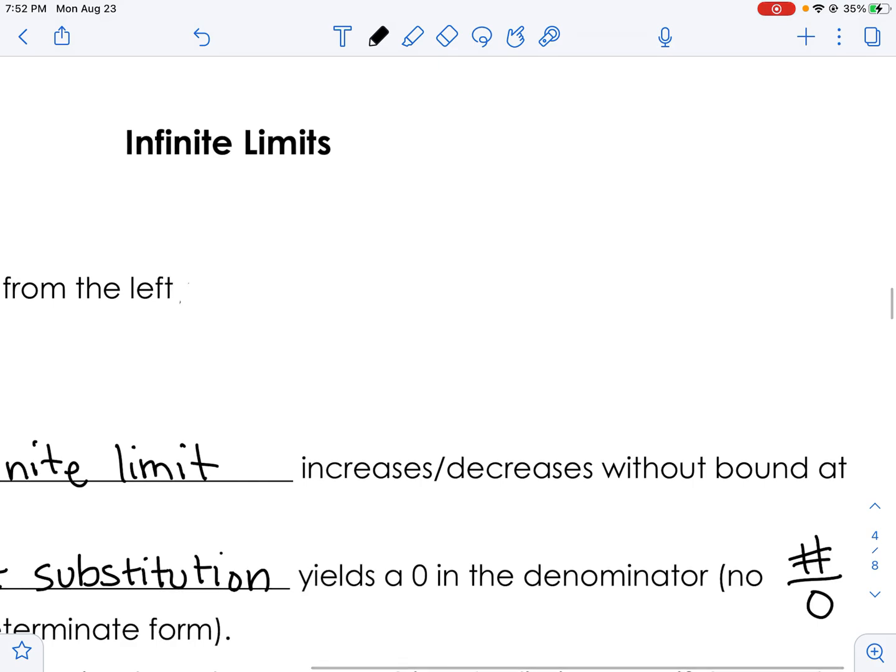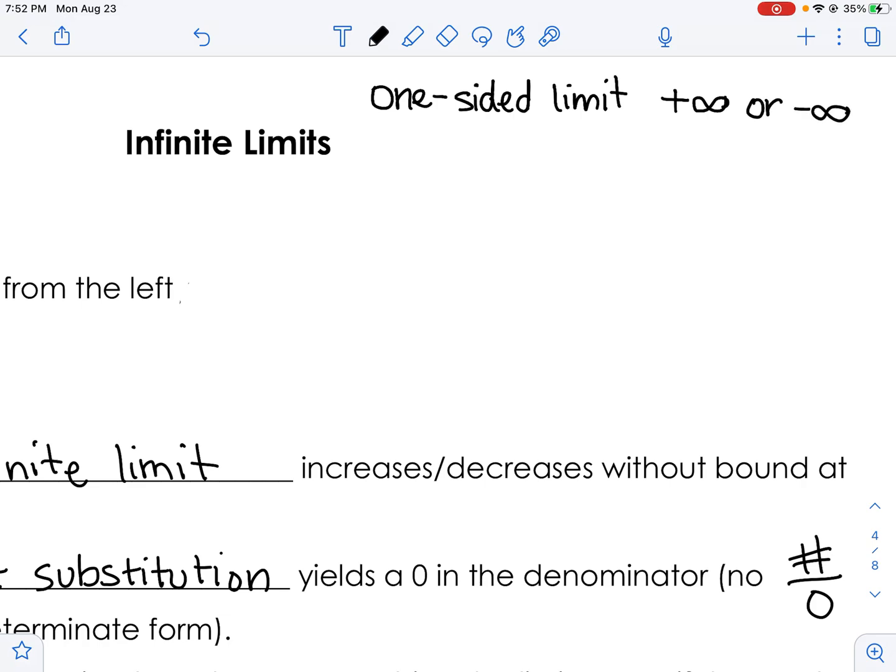So if we're thinking about the one-sided limit, we have two different options on our answer. On a one-sided limit, it's either going to be positive infinity or negative infinity, if we're just looking from the left or just looking from the right.